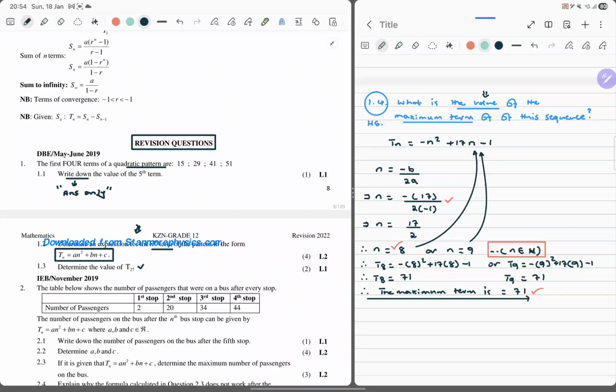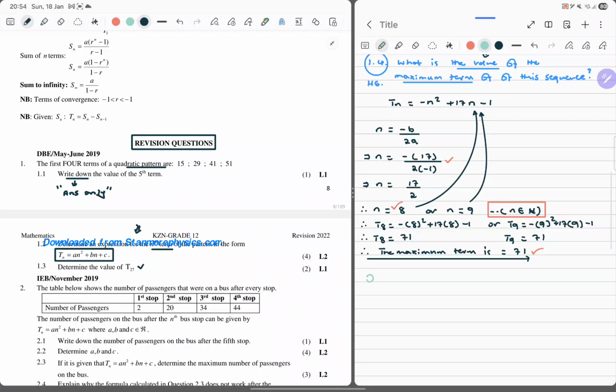Another question that could be asked, just for interest's sake, because now that we know what happened, we can decide to scrap this question and just ask this question and say, which term or terms of the sequence has the maximum value?